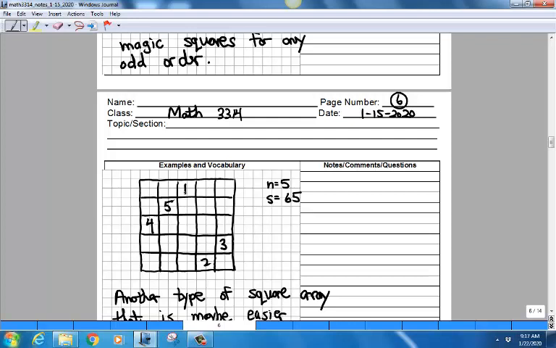So when you hit a filled square, you add the next number below the last number you filled in. So what was the last number we filled in? We're trying to fill in the 6. What was the last number we filled in? 5. So I put the 6 here.